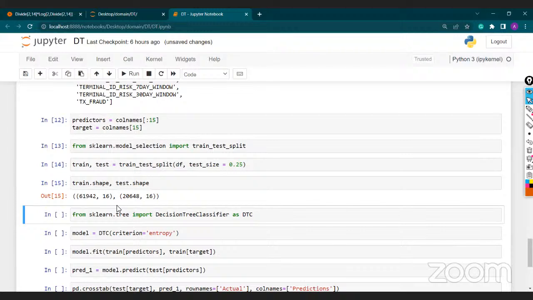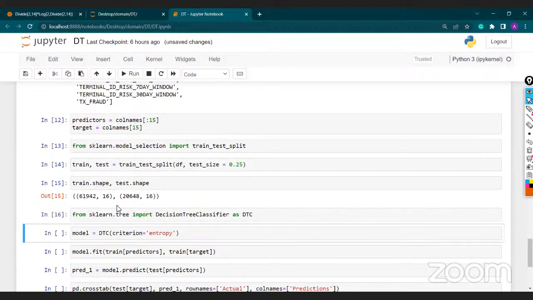So then what we'll do is we'll use sklearn. Sklearn again contains our model. And here we are using decision tree classifier. Okay. So using this decision tree classifier, we can build our model.